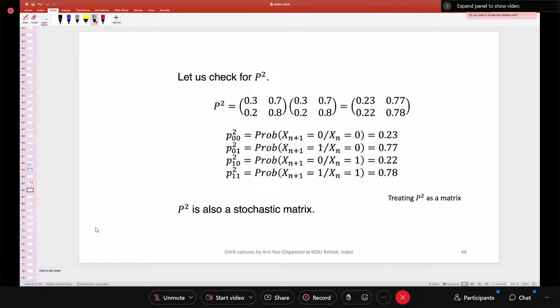Now let us take this matrix, two stage. So 0.23, 0.77, 0.22, 0.78. This is another matrix. Say this is P square. P square is our new P. Let us call this Q, or let us keep it P square itself.